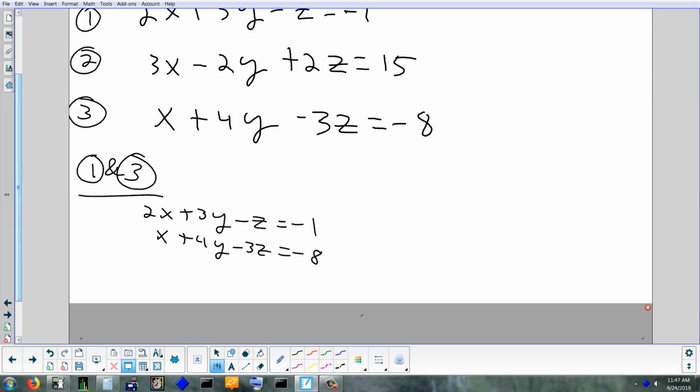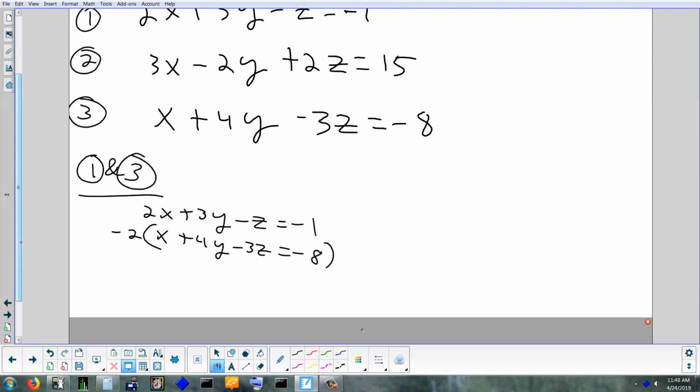Now, Chris said we can eliminate the x's. I agree. What would you multiply the bottom equation by to do that? Yeah? -2. So I'm just going to put a -2. I'm going to distribute. And again, I'm just going to copy the top equation over because I like to see things lined up in columns.